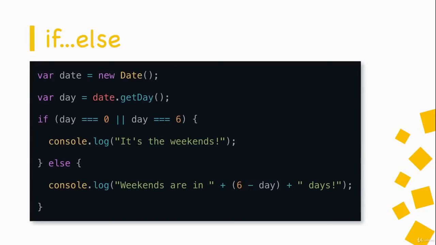We know the day in this case contains 2, so 6 minus day means 4. And when the value 4 is concatenated with the strings, the final output will be weekends are in 4 days. So depending on the day, we would either get weekends are in X number of days, or if it is the weekend, so if it's Saturday or Sunday, meaning if the day is equal to 0 or equal to 6, then we'll get logged it's the weekends. And that's how this code will work.